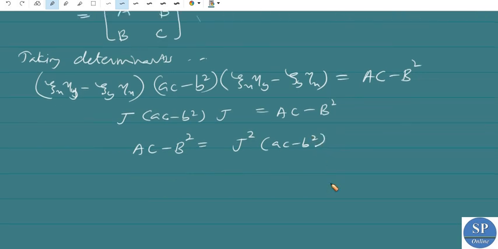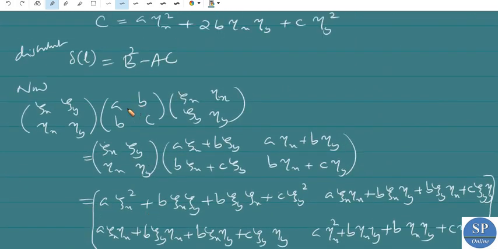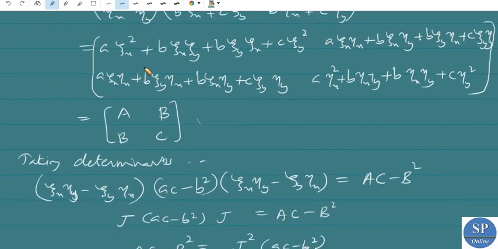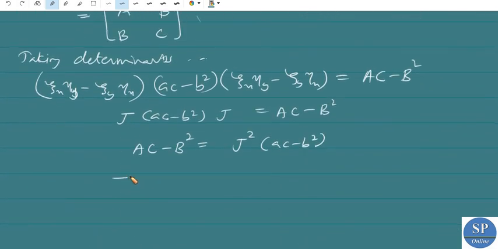So this is nothing but, we have the discriminant of the second equation is b square minus ac. Okay, the discriminant of the second PDE is b square minus ac. So this is the minus discriminant of the second PDE, so discriminant of small l is equal to J square into the negative of the discriminant of the first PDE, that is delta of capital L. Clear?